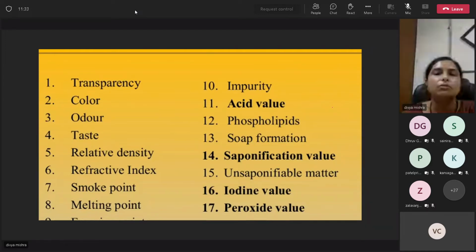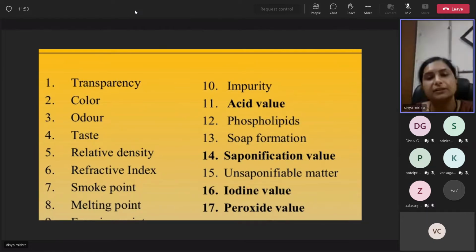Now, if we look at the various properties of fat and oil, there may be many properties, but briefly, we will only focus on acid value, saponification, iodine.